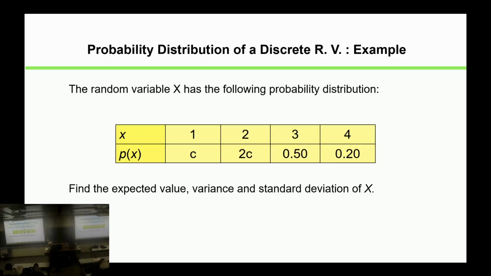And the very first thing you're going to say to yourself is, well, for this to be a probability distribution, the sum of the probabilities has to be 1. Right? And then, like lightning, you've probably solved what c is.